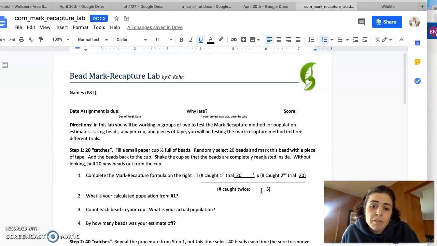And so that number caught twice goes on the bottom. And then this is just a math formula. I've got my calculator open and I'm going to do 20 times 20, that is 400, divided by 5, that's 80. So my calculated population for number 1 is 80. And I will tell you, I already counted this bag and my actual population is 100. So our population estimate was off by 20 in this case.